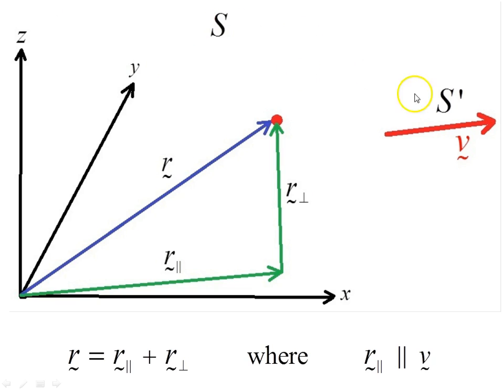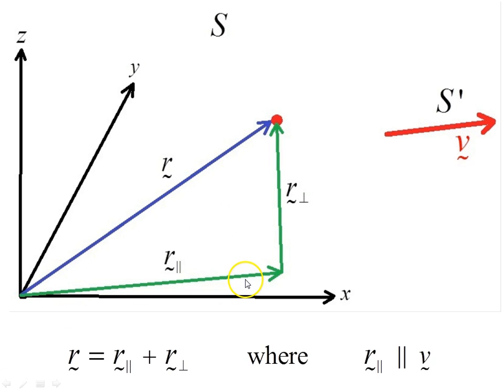So we have S prime. We can take the position vector in S, this one here, and we can decompose it into two vector components. Any vector can be made up of two vectors at right angles to each other, and we can choose this such that this component, r parallel, is parallel to the velocity vector v.